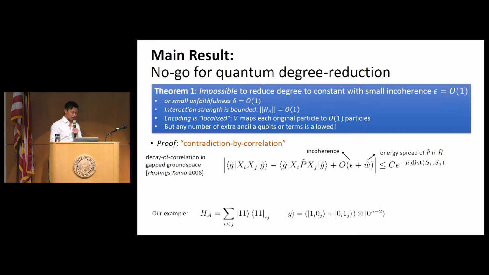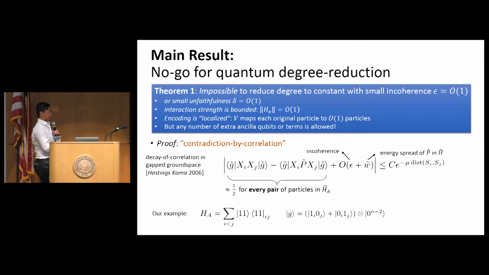And if we look at our example Hamiltonian, it contains a ground state of the form 1_i 0_j plus 0_i 1_j, so some kind of Bell pair between any pair of qubits i and j. If you look at this corresponding ground state in h tilde, you will see that this gives a correlation of roughly 1/2 for every pair of particles.